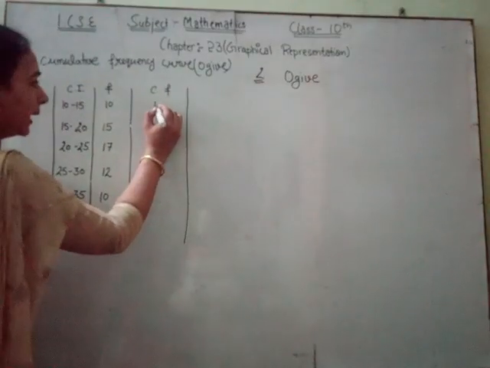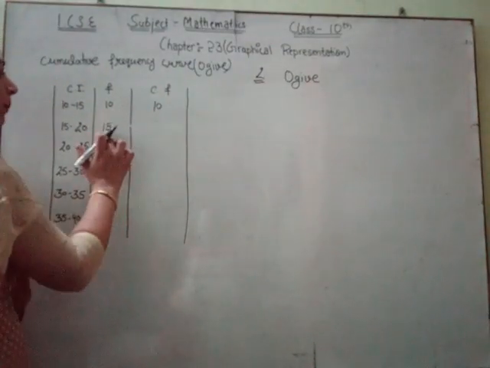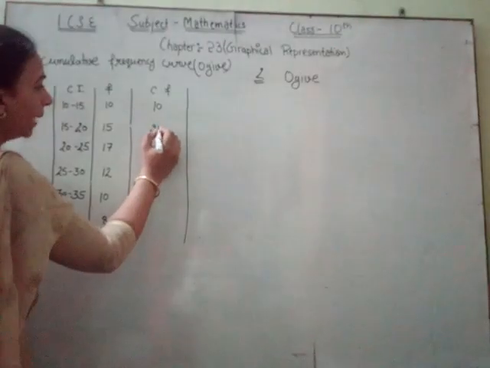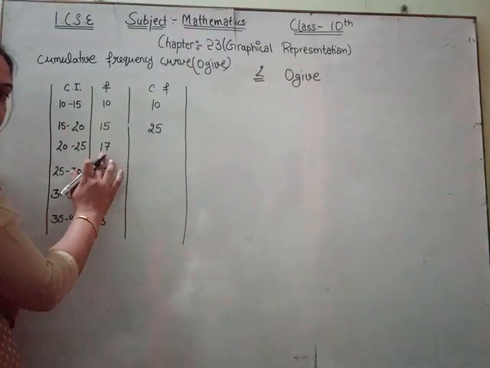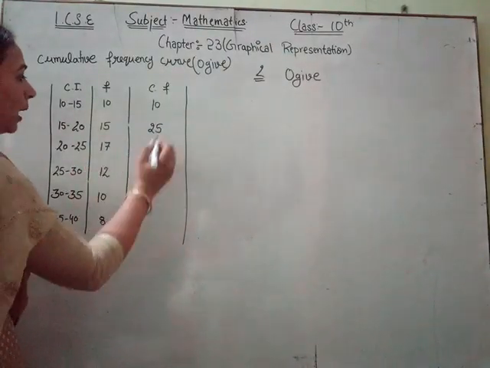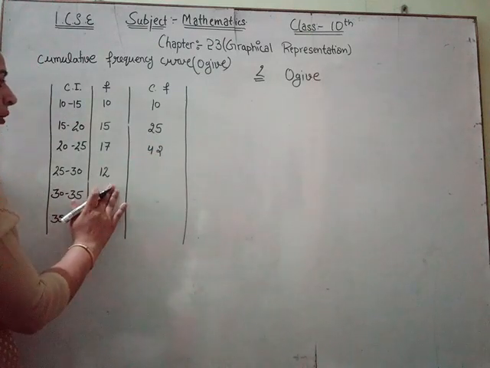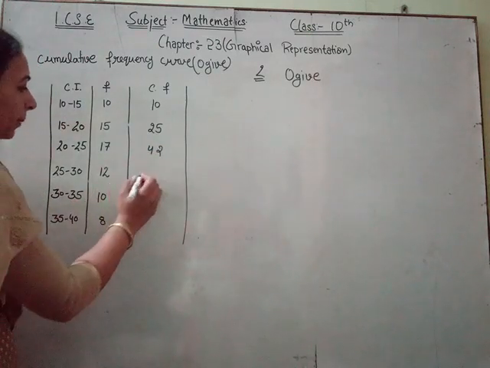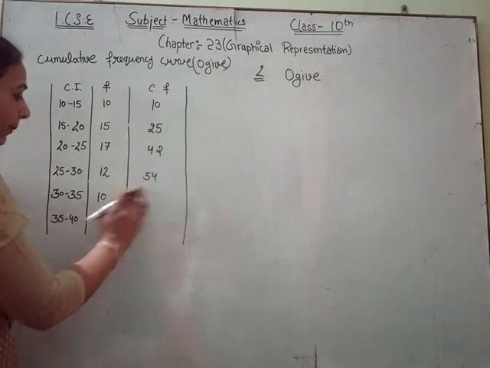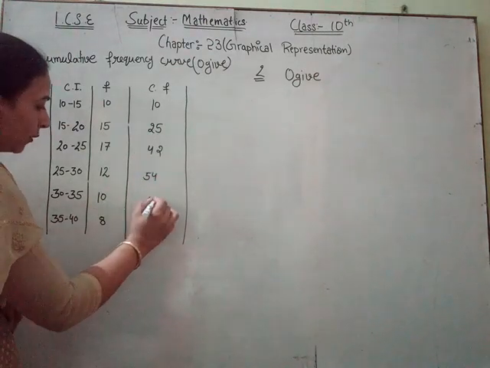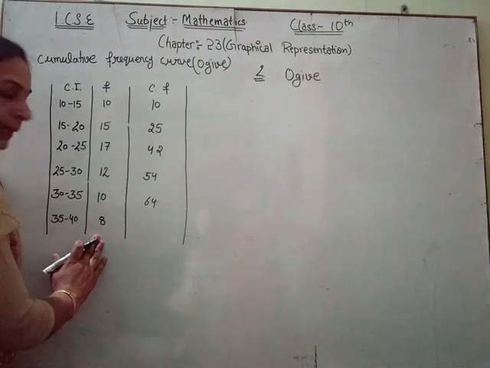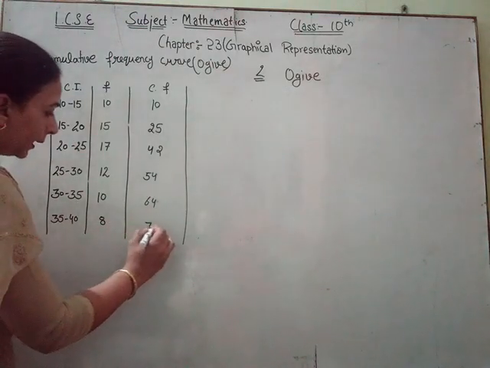First frequency as it is, second is 10 plus 15, 25, and next is 25 plus 17, 42. Next is 42 plus 12, 54. Next is 54 plus 10, 64, and next is 64 plus 8, then 72.